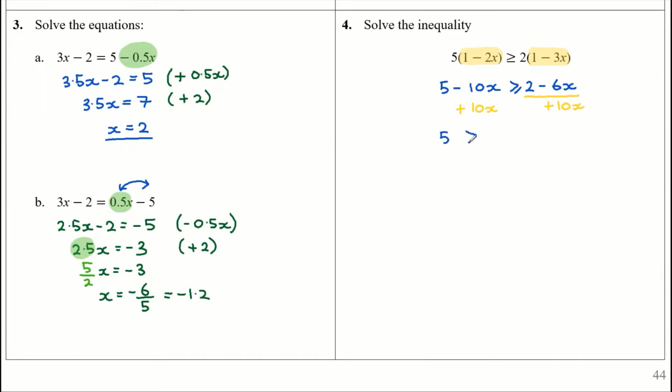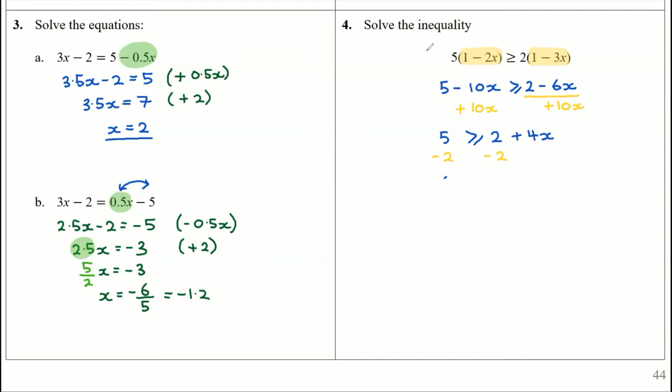So 5 would be greater than or equal to 2. And if I'm at negative 6 and I add 10x, I'm going to have plus 4x like that. Okay. And now I'm going to subtract 2 from both sides. So once again, subtracting 2 will clear the 2 from the right-hand side.